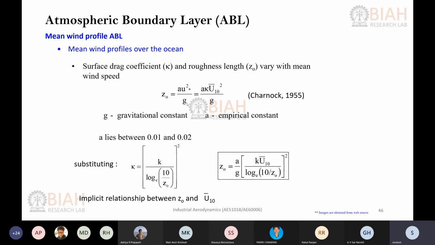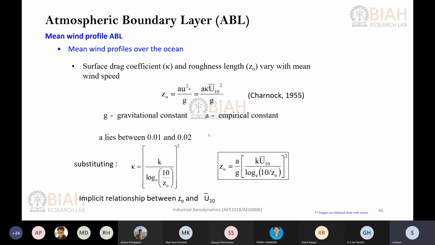This is one equation different from what we have seen previously. Here there is a gravitational constant as well as an empirical constant, and you can rewrite this u star in terms of U10, the velocity at a height of 10 meter. It's a reference condition; in most cases we take this as the reference data.